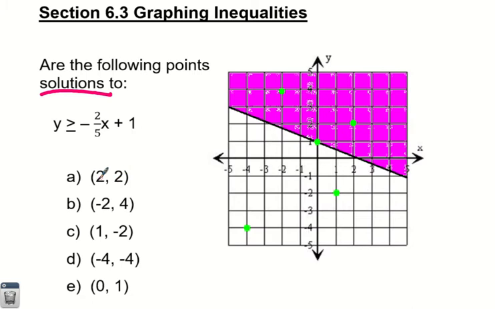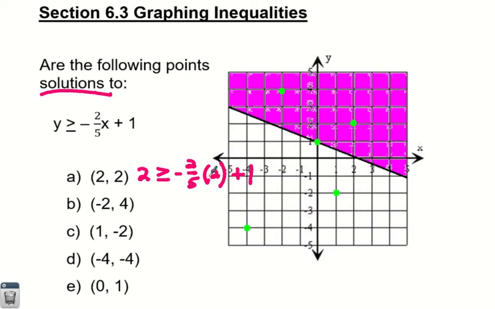So if you plug 2 in for x and also 2 in for y, does it make it so that 2 is greater than or equal to negative 2/5 times 2 plus 1? Is that even true?